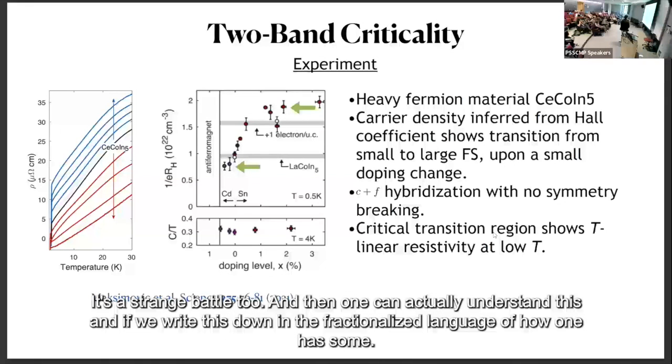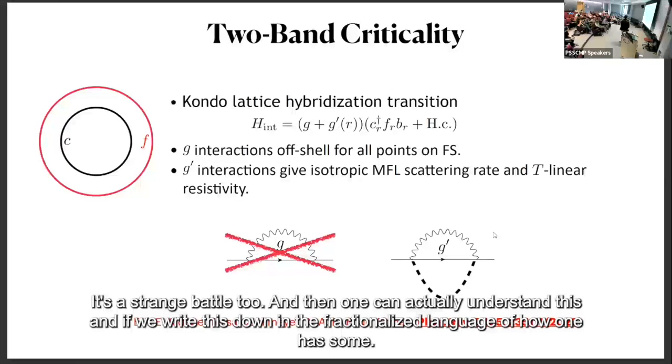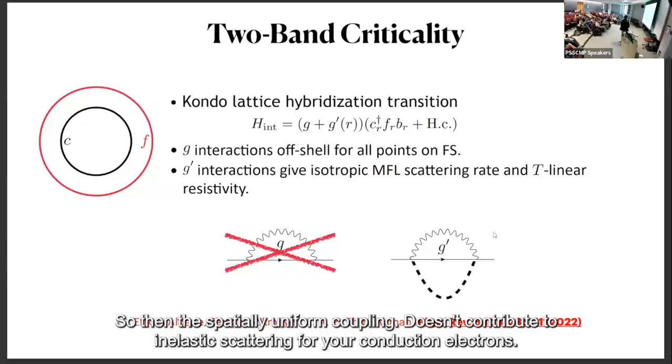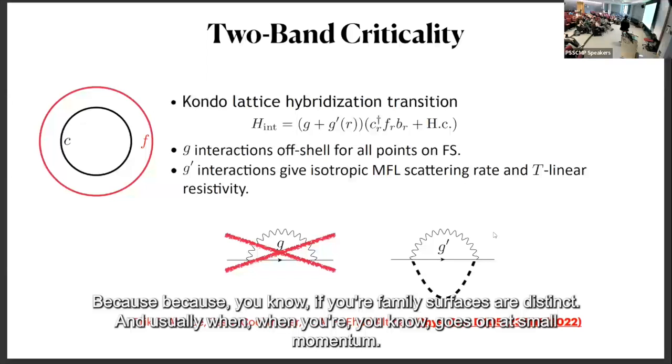One can actually understand this if we write it down in the fractionalized language, where one has some spatially uniform coupling, but now has a disorder fluctuation about it that comes from the disorder in the Kondo coupling. The spatially uniform coupling doesn't contribute to inelastic scattering for your conduction electrons, because your Fermi surfaces are distinct.